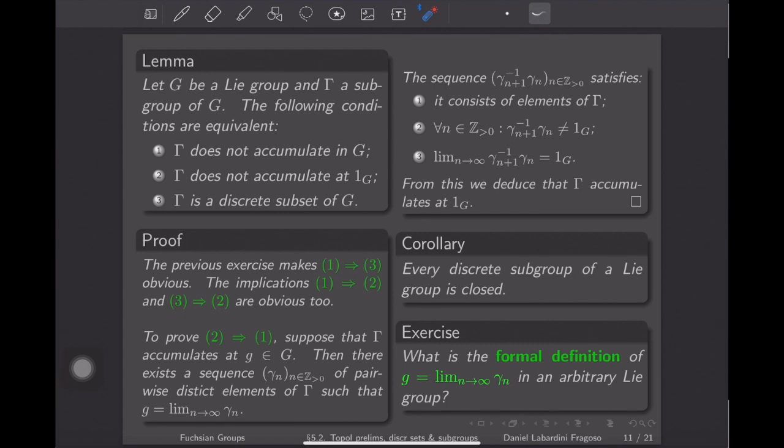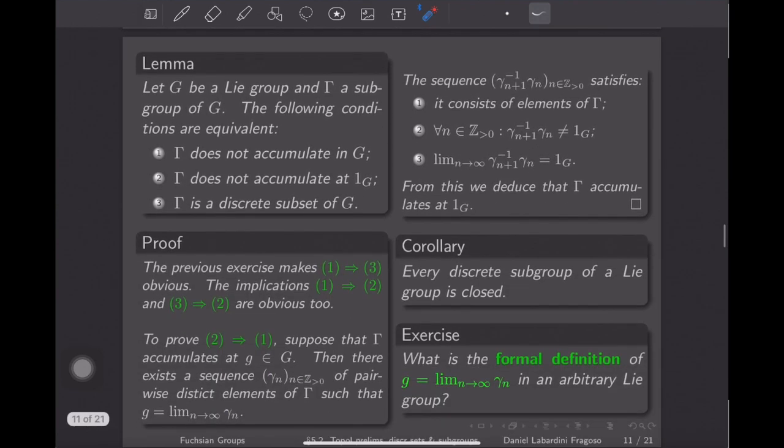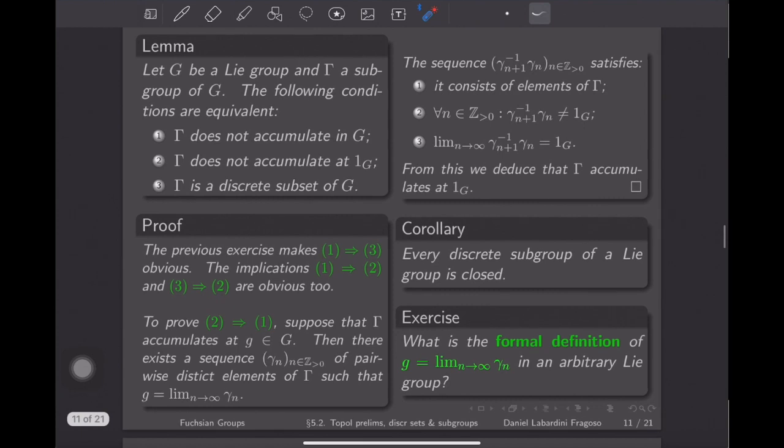as I said, for subgroups there, you don't need to worry about the remark I just made about discrete sets. And not accumulating in the whole space is equivalent to not accumulating just at the identity. This is very useful.